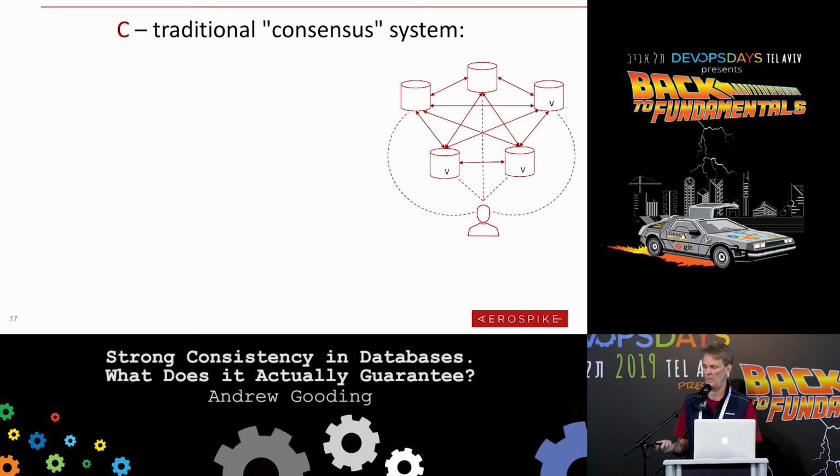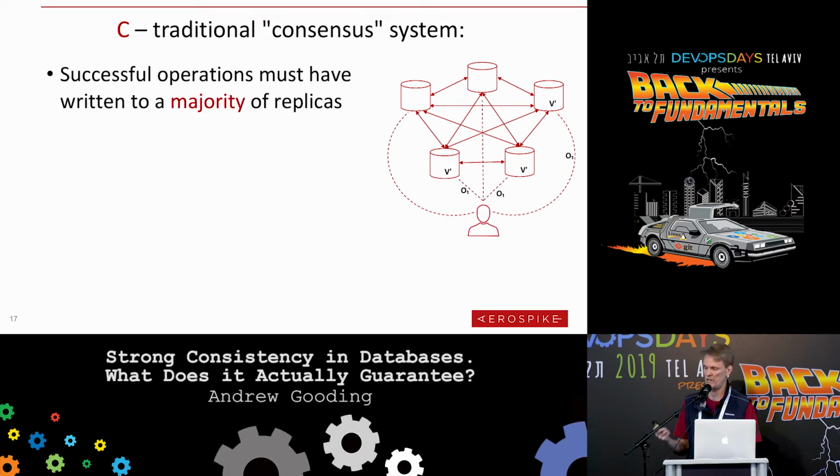Just quickly, I'm going to describe a traditional consensus system that guarantees strong consistency. Usually the way those work is that the replicas in the cluster are kind of in fixed places. They don't really move around. You do an operation that writes to all of them, and a successful operation is defined as something that got written to a majority of them.